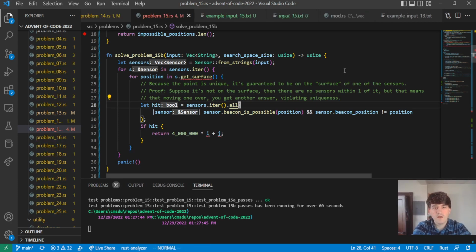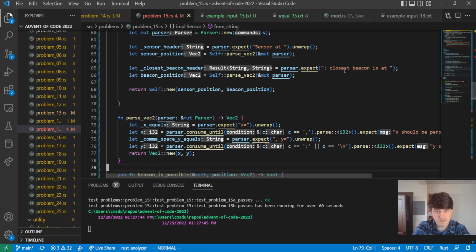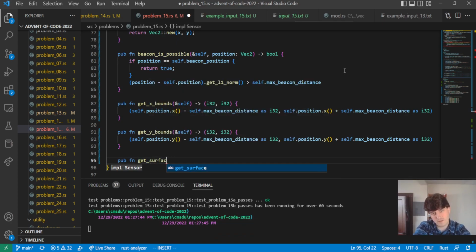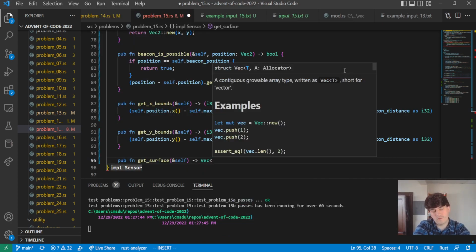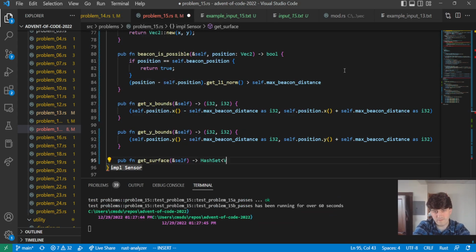Okay. Cool. So let's just implement get surface. Function get surface, and it will return a vector, I guess. Really should be a hash set of vector2.